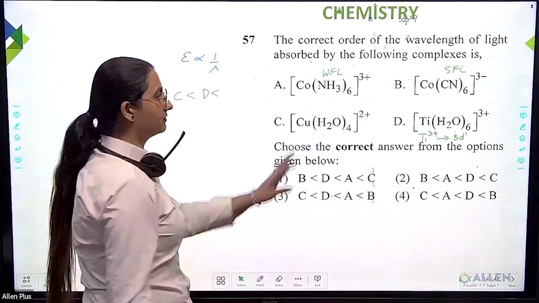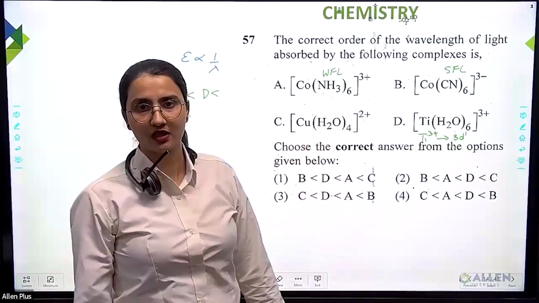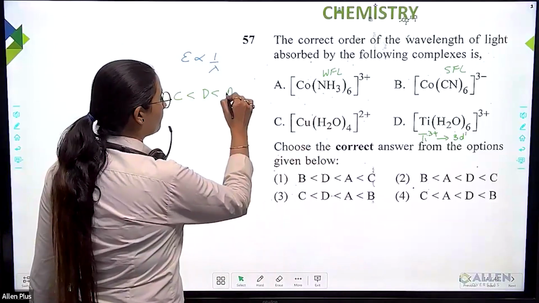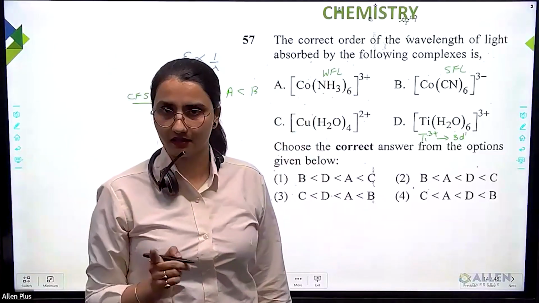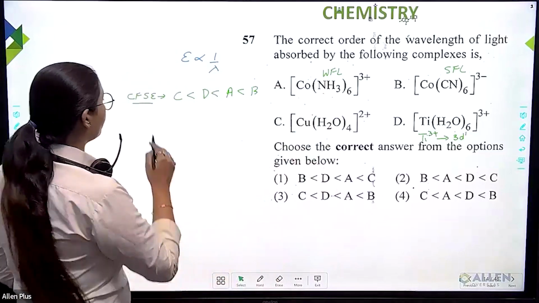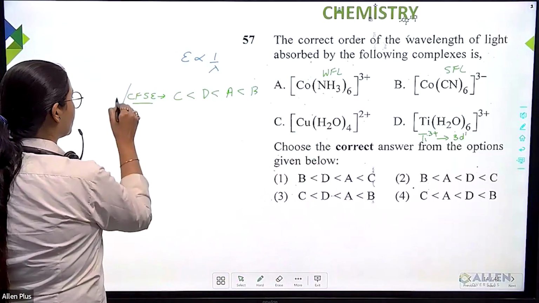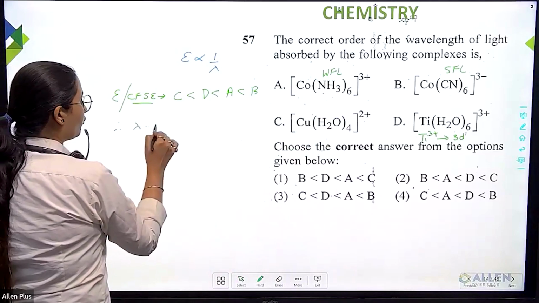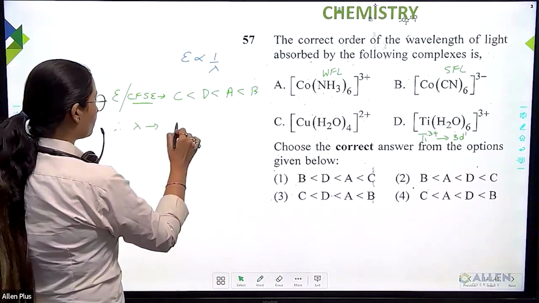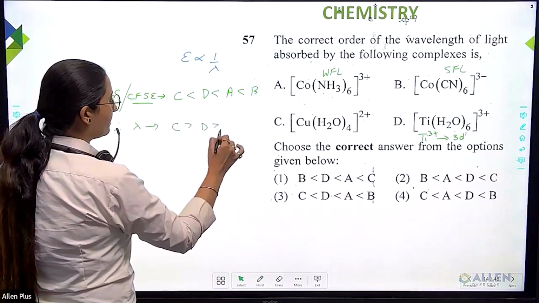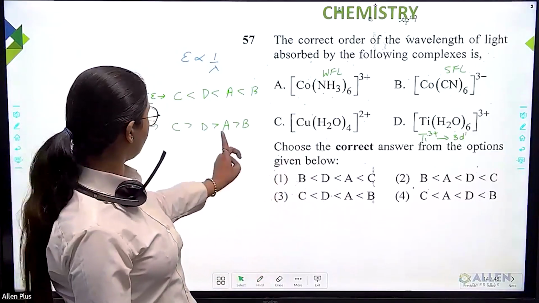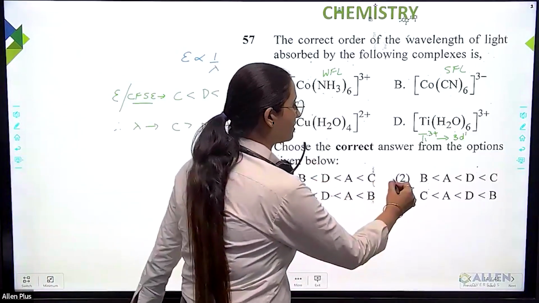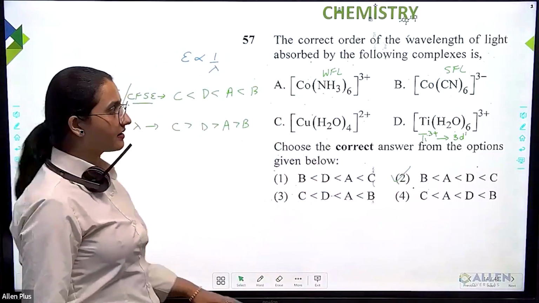I mean, even less than A. Then it is A, then B, because B has a strong field ligand. If this is the order of CFSE or energy, the order of lambda would be what? Reverse. It is C, D, A, B. C maximum, D, A, B. Option 2. Correct.